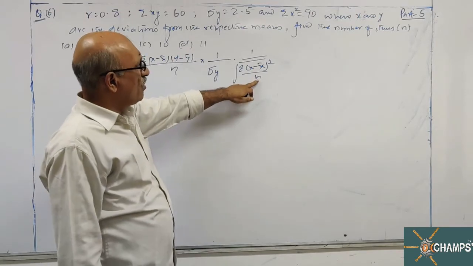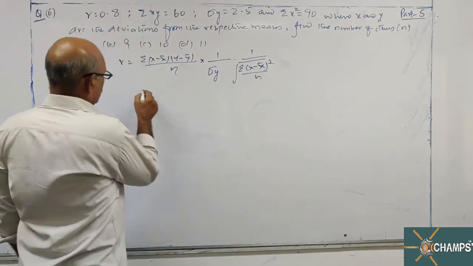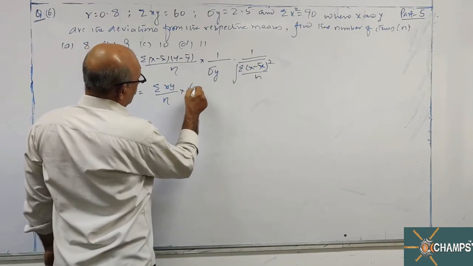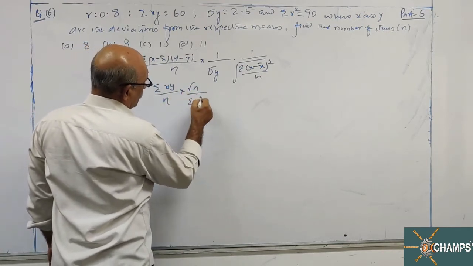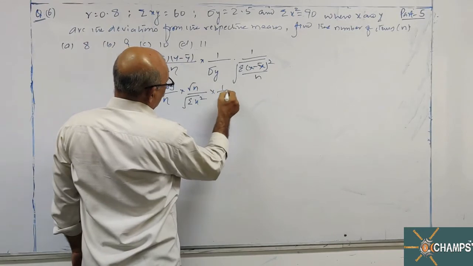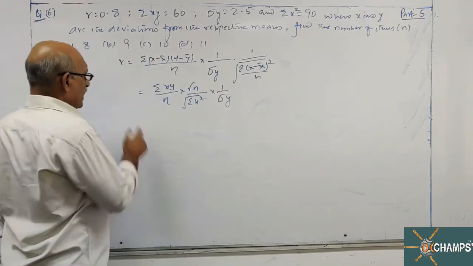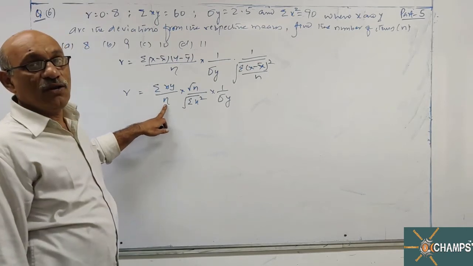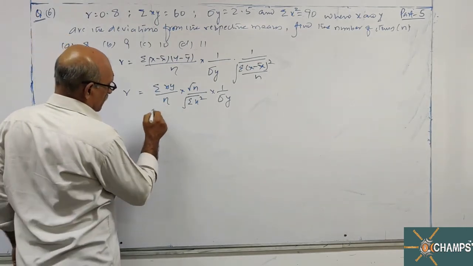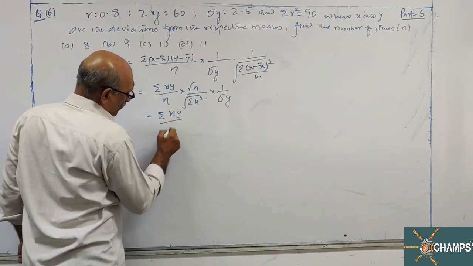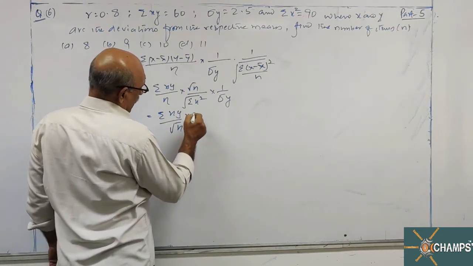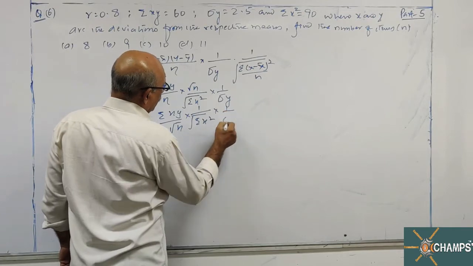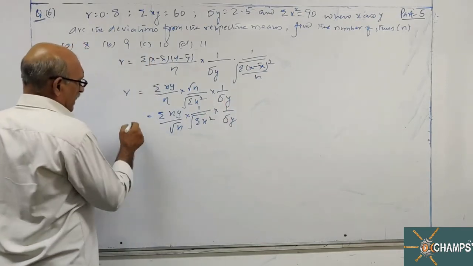So square root of n will go to the numerator. Into 1 by standard deviation of y, r is equal to root n times summation of xy by root n into 1 by summation of x square into 1 by standard deviation of y.